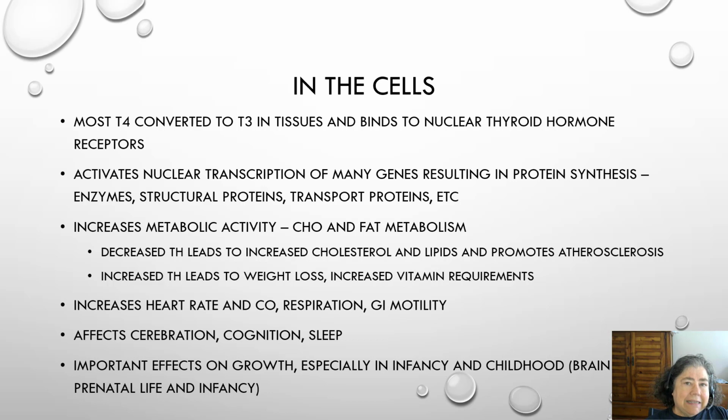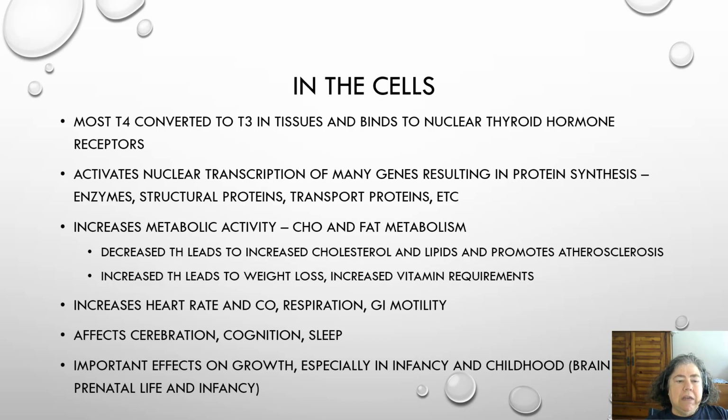When there is excess thyroid hormone, we have increased metabolic activity and often weight loss, sometimes a slightly higher body temperature, more oxygen use. These people breathe a little more rapidly, and they have increased vitamin requirements because they're metabolizing things more quickly.